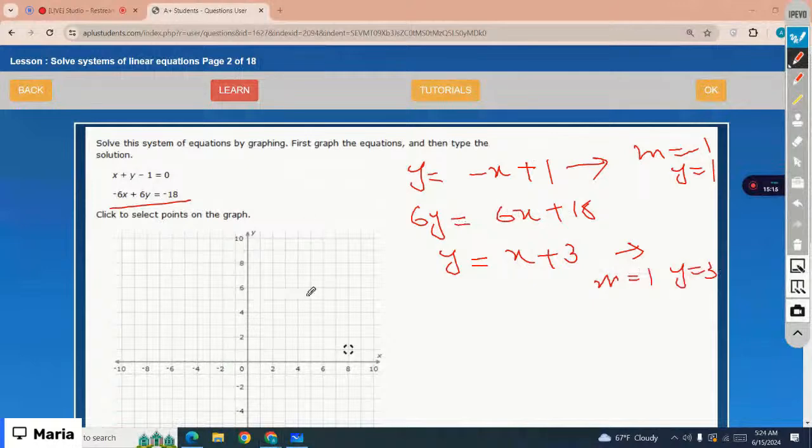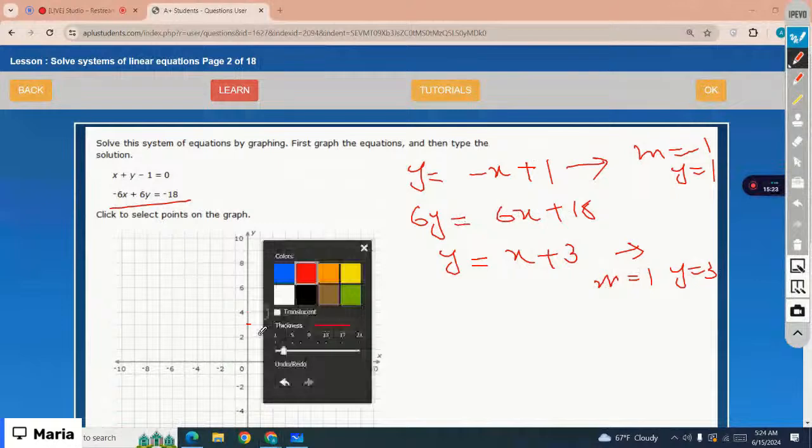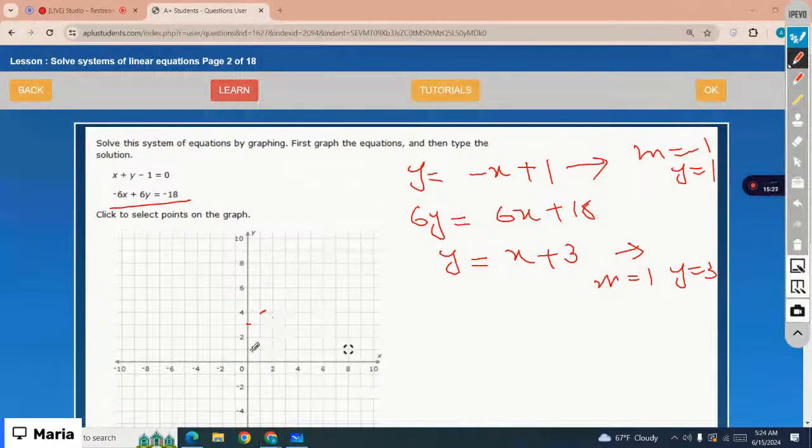Now you have to make the line for this one. Y equals 3. Here is y equals 3. The slope is move up and here is the second point. For this equation, y equals 1 and you have to move down 1 point and right 1 point. So just make these two lines, and the other one.